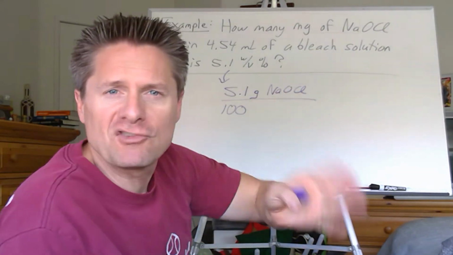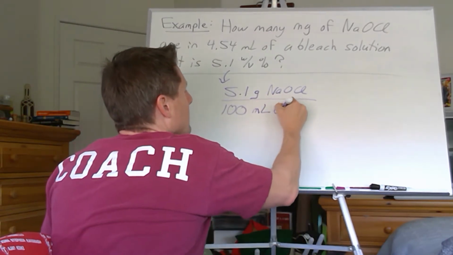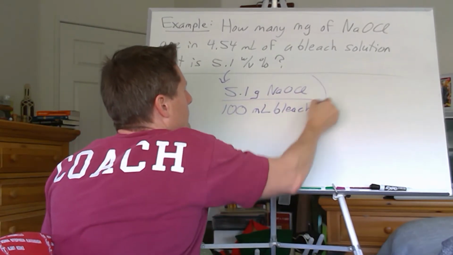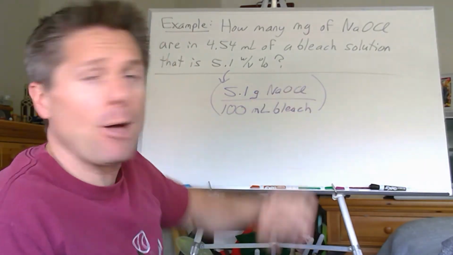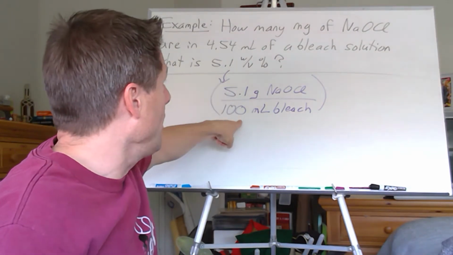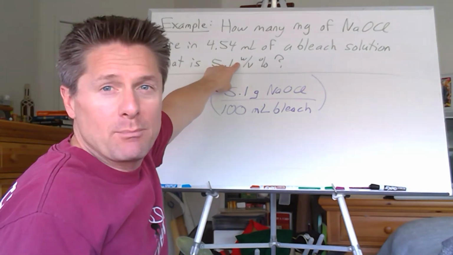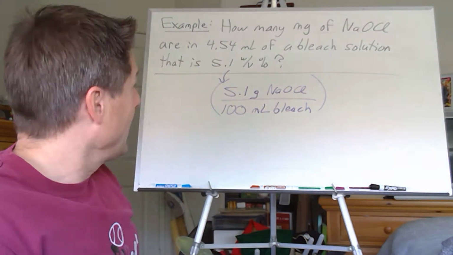The bleach. You could call it solution or bleach. And its volume will be milliliters of bleach. That is how I want you to think about percent concentration units. That number over 100, and if it says mass or weight, put grams. If it says volume, put milliliters. Wada bing, wada boom.